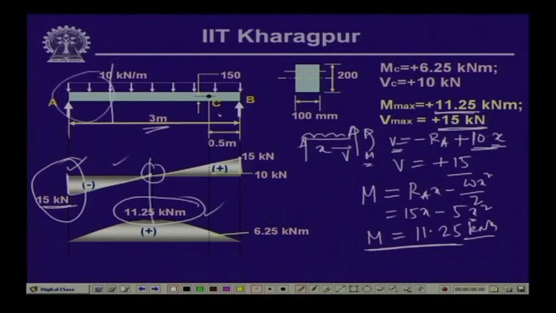And we have to compute the value of the bending stress and the shear stress at point C. The bending moment at point C is equal to 6.25 kilonewton meter, and the shear force at point C is equal to 10 kilonewton. So, corresponding to these values of the shear force and the bending moment, if we compute the stresses, then the stress and the moment become like this.